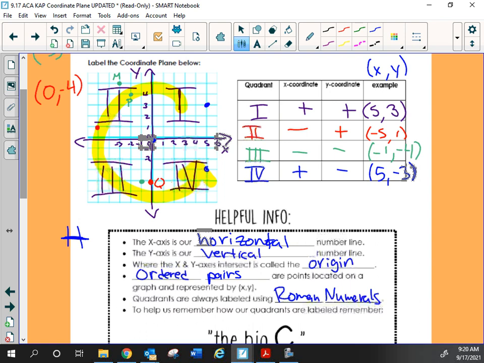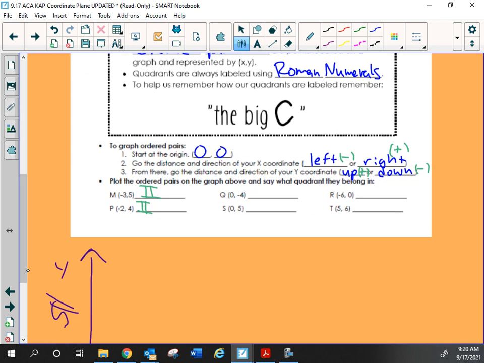Is it in 3? Is it in 4? The answer is neither. It's in no quadrant. It's on which axis? It's on the y-axis. Okay, so technically you would put none. You can also add in there y-axis. It's just sitting on that y-axis. Okay.